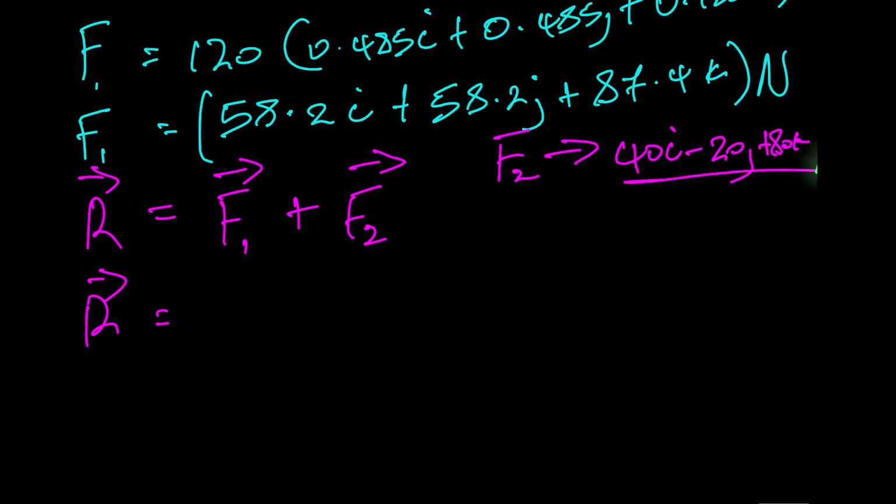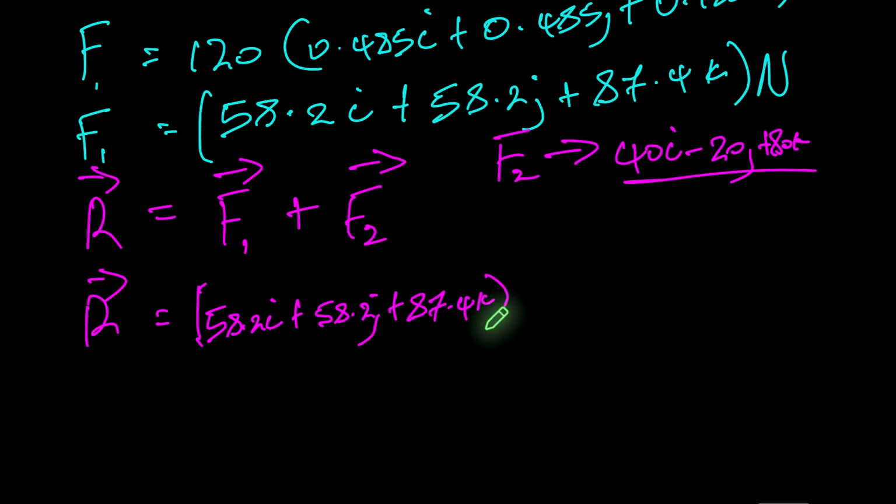So let's put them together: F1 is 58.2i plus 58.2j and plus again 87.4k, and we're going to add to that F2, which is 40i take 20j and plus 80k.